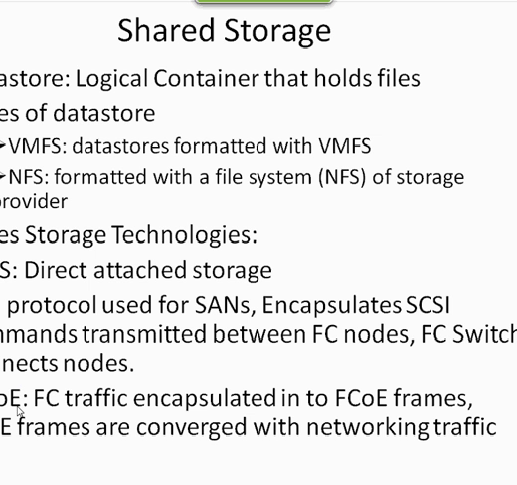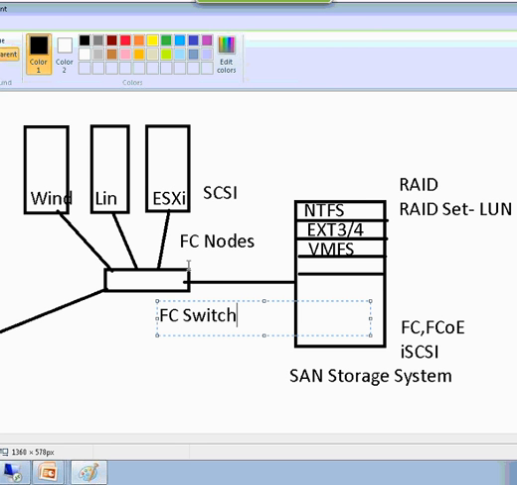Fine. Then comes this protocol, fiber channel over Ethernet. Now here, guys, fiber channel over Ethernet is also a protocol used in SAN. It falls under the category of fiber channel. However, the medium here is different.